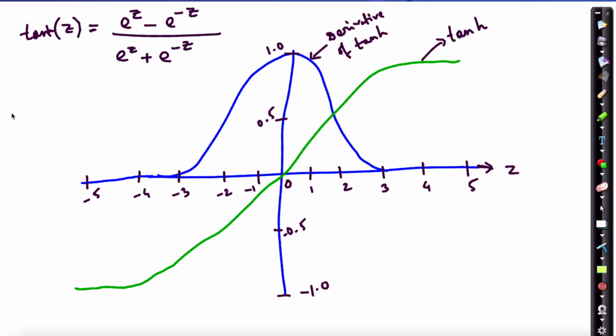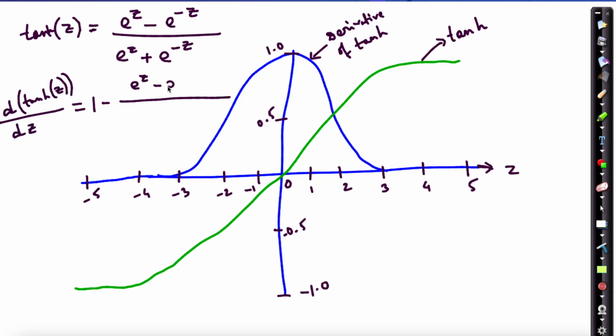Now the derivative of tanh with respect to z is nothing but 1 minus the whole square of (e power positive z minus e power negative z) divided by (e power positive z plus e power negative z).